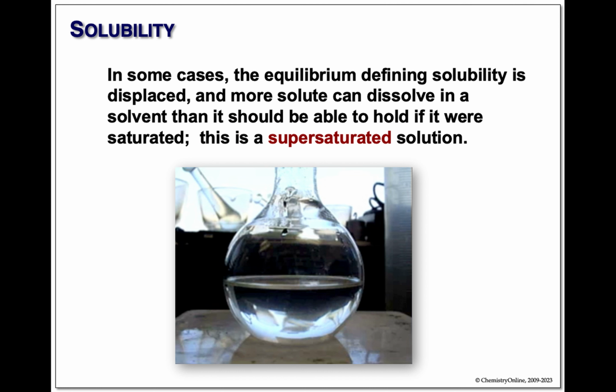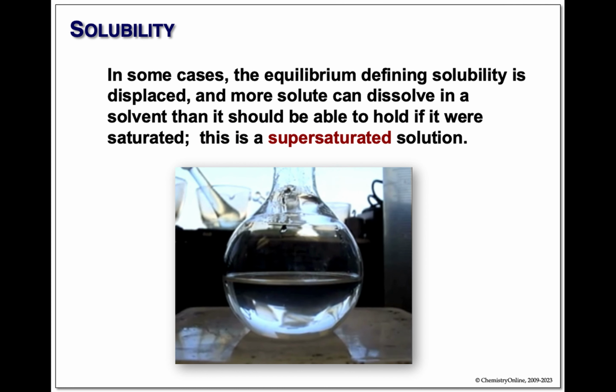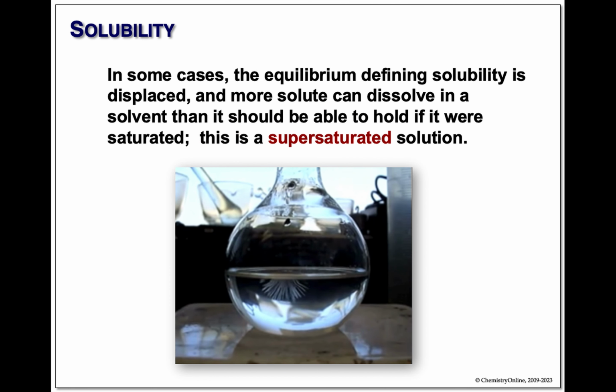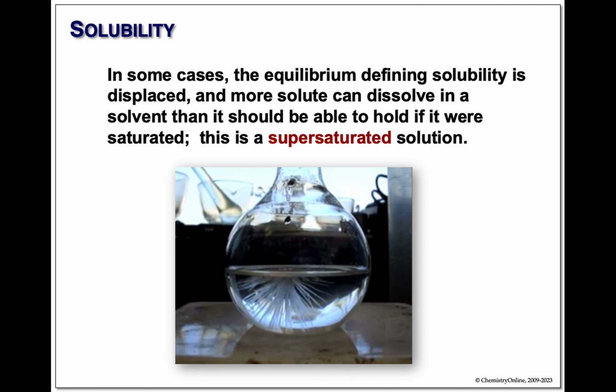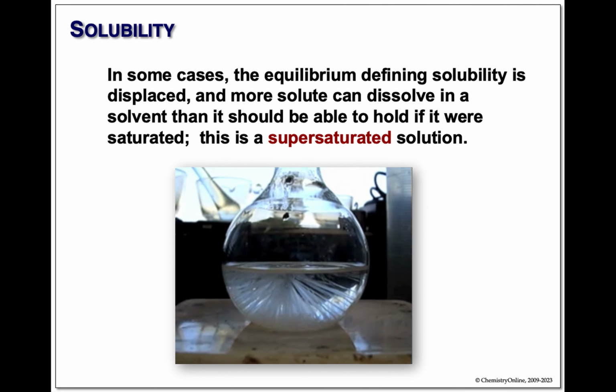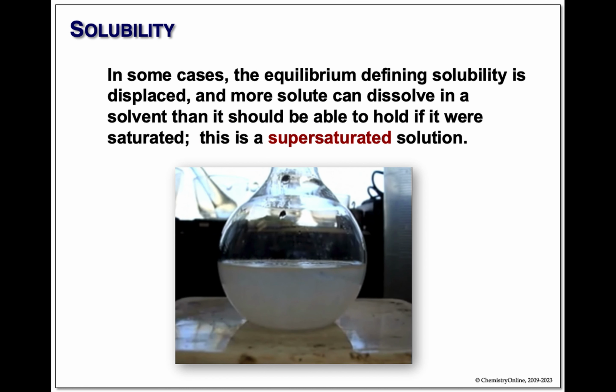Let's watch. It's going to land about right there. The second it does, it sets off crystallization. Everything reverts back to a saturated solution. In fact, this thing will just totally set solid.